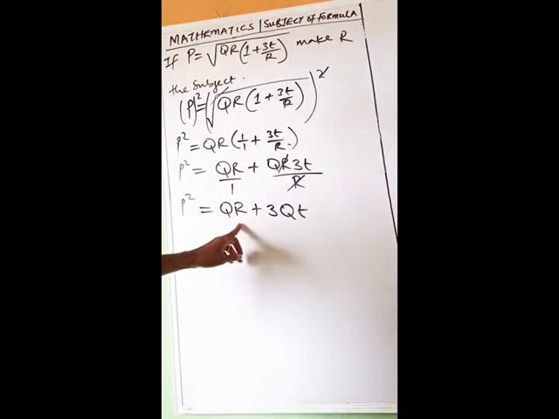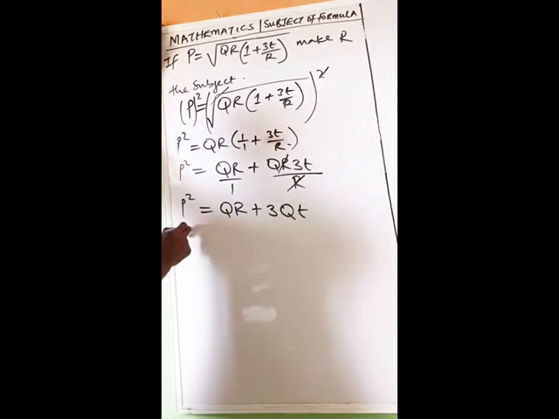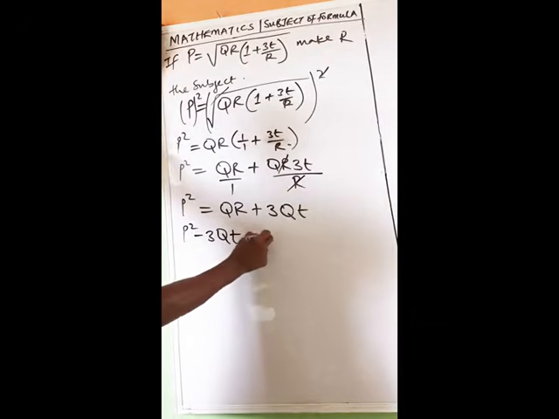Mind you, we want to make R the subject of formula. So what can we do to make this R? We move this to this side. So we have P squared minus 3qt equals to QR.